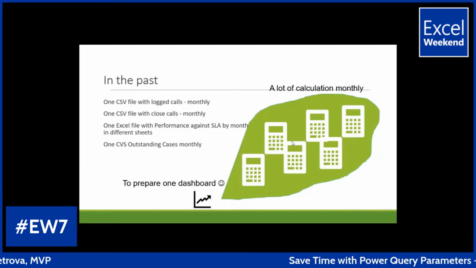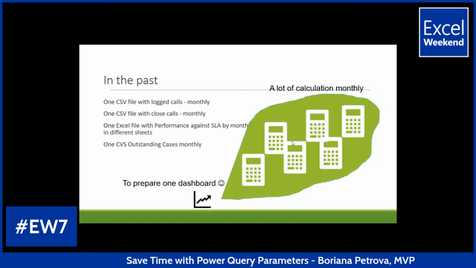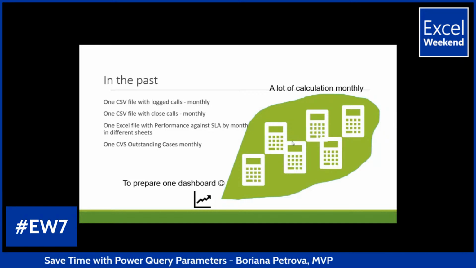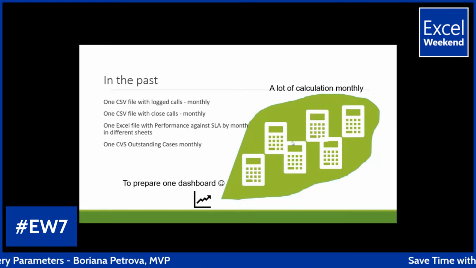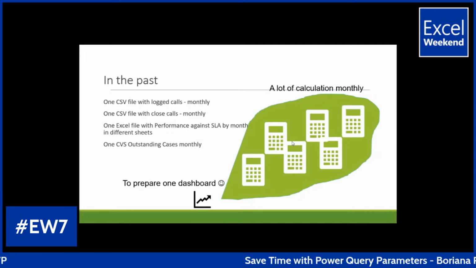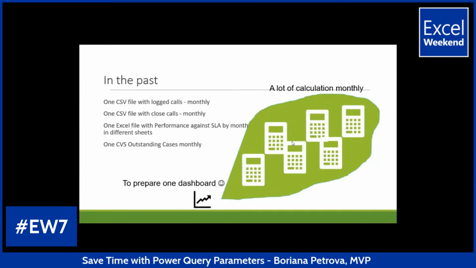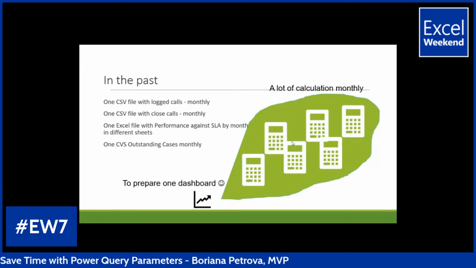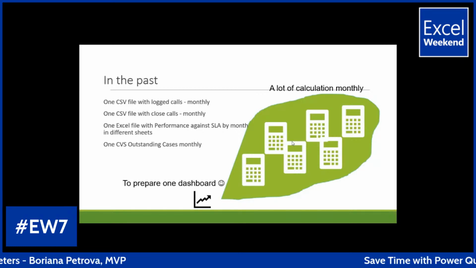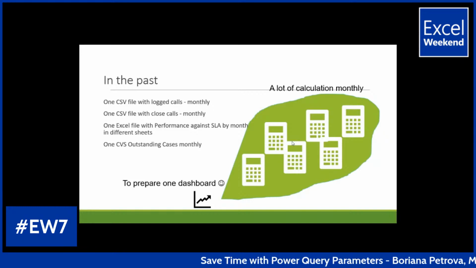Also, we have an Excel file called Performance Agents SLA, and there are different sheets by month. And the last one is again a CSV file called Outstanding Cases, again with different columns and a different structure compared to the logged and closed cases, and we receive it monthly again.